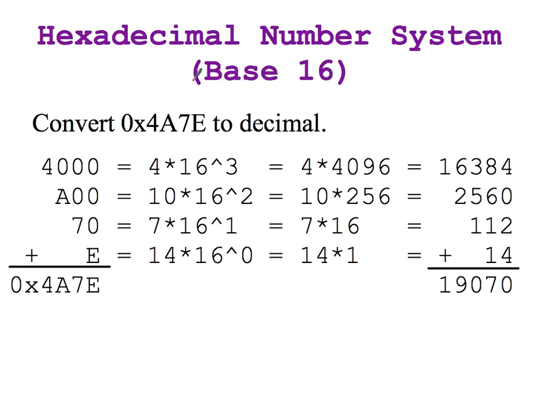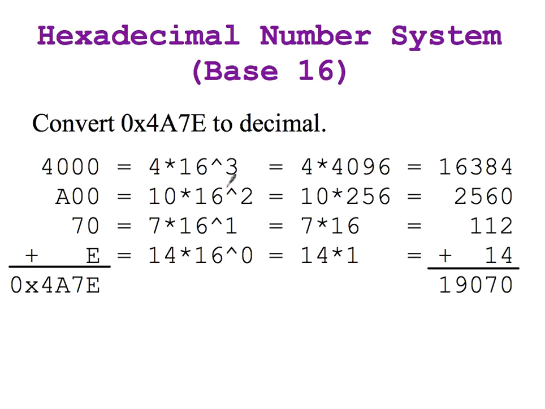Converting the other way is actually easier. If we want to convert the number 4A7E in hex to decimal, we just use our place values. The 4 is in the 16 to the third place: 16 to the 0, 1, 2, 3. We just multiply that out. 16 to the third, if you do that on a calculator, you get 4,096. You multiply that by 4, you get 16,384.